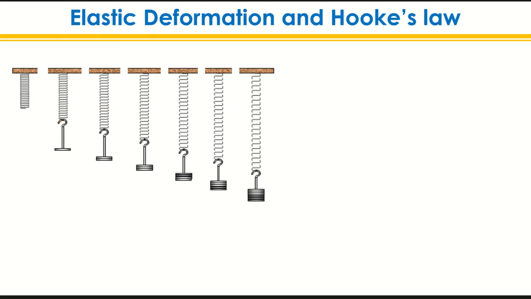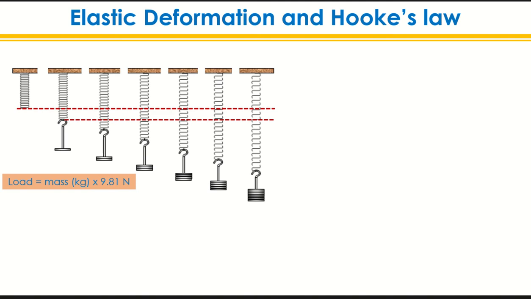Let us take an example where extension has been produced in a spring, and the increasing load produces the extension. The load, as I said, is the mass in kilograms multiplied by 9.81. Let us take some data.